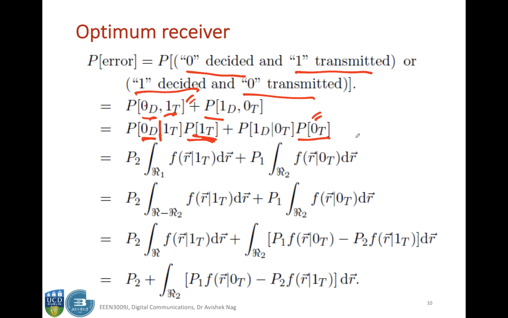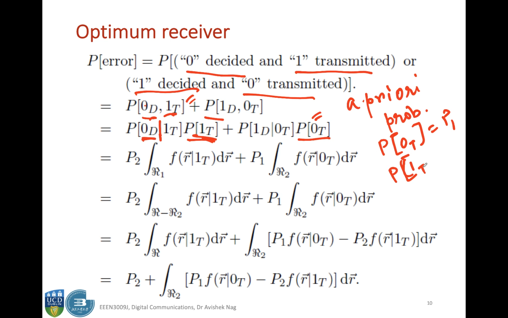This is equivalent to the a priori probabilities that you learned when you were doing discrete memoryless channels. Let's imagine that probability of 0 transmitted is called P1 and probability of 1 transmitted is P2. So I can put these values here: P2 is here and P1 is here, and the conditional probabilities can be defined as this.